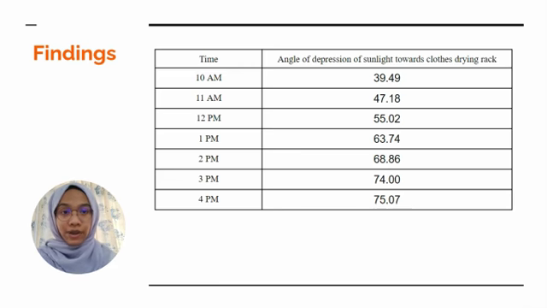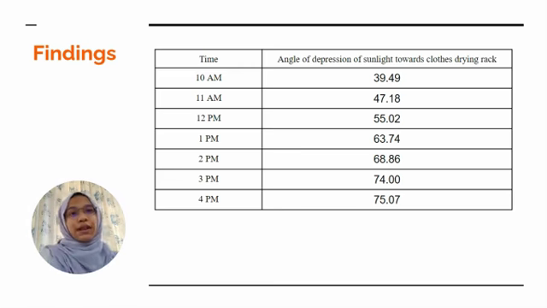The length of the shadow casted at 10 a.m. is 182 centimeter. Using trigonometry tangent, we got 39.49 degrees. At 11 a.m., the shadow casted length is now 139 centimeter, and using the calculation, we got 47.18 degrees.